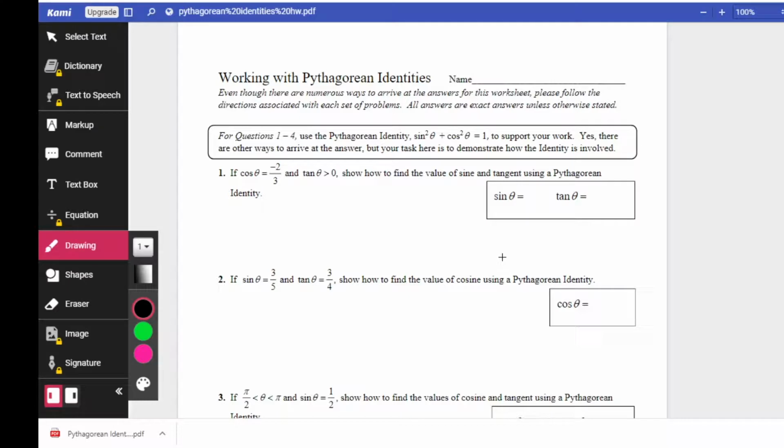Well, you can see it listed up here, right? Sine squared theta plus cosine squared of theta equals 1. And I'm going to show you one of the ways you can use it, as you're figuring out different things. You might want to figure out sine, or you might want to figure out tangent, or whatever. You can use this identity as a tool to figure out different things.